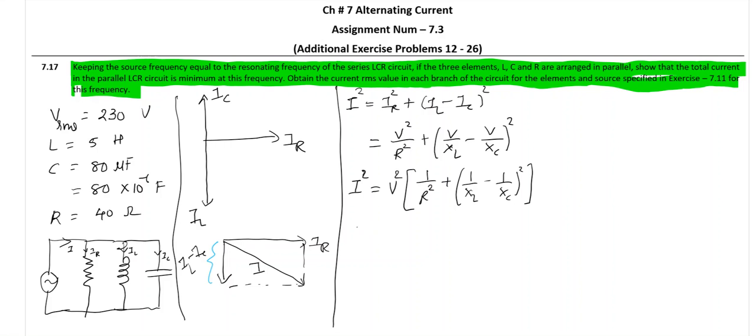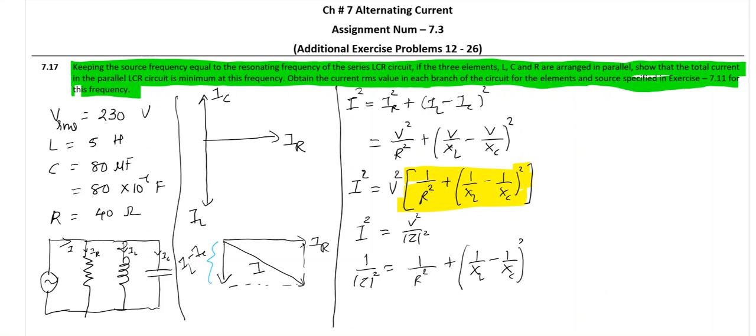So if I compare this with I square is equal to V square by mod Z square, then this bracket is equivalent to 1 by mod Z whole square, and then I can say that 1 by mod Z whole square is 1 by R square plus 1 by XL minus 1 by XC whole square.